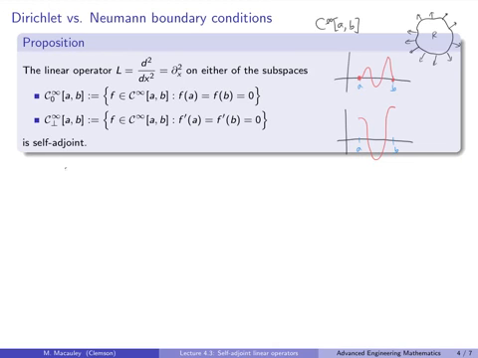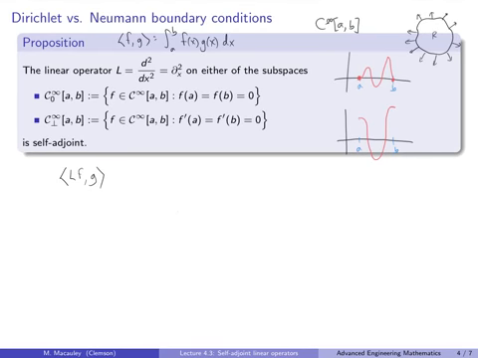Start with Lf dot g. I'm going to do the first one, but then it'll follow right away why the second one is true. Oh, I also didn't tell you what the inner product is, so let's make things easier and say that f dot g is the integral from a to b of f of x g of x dx.